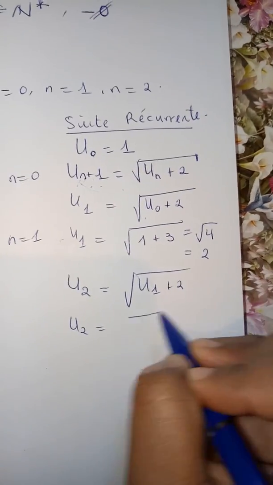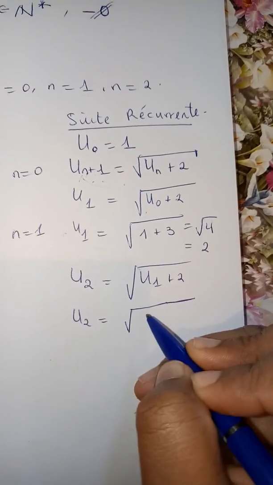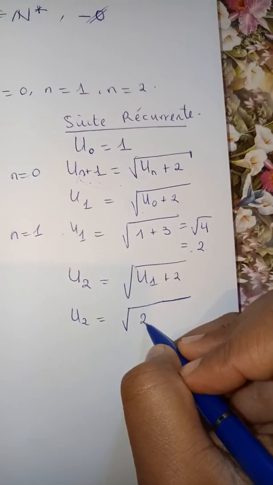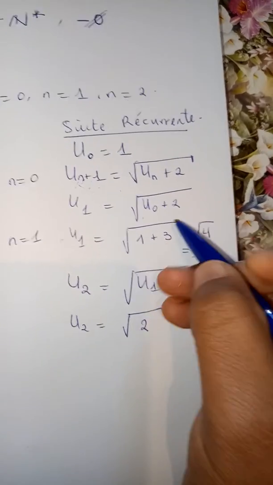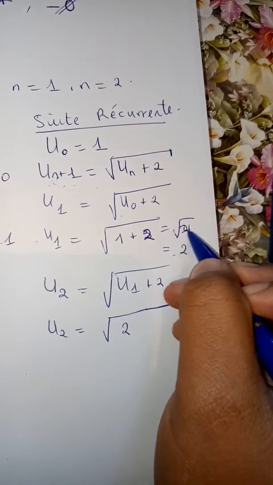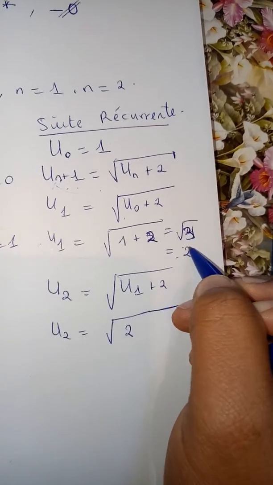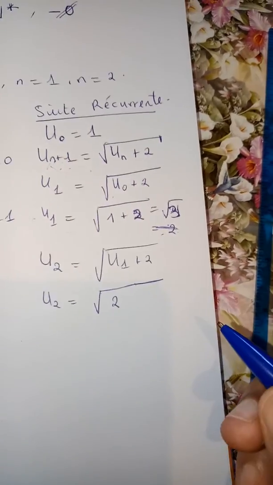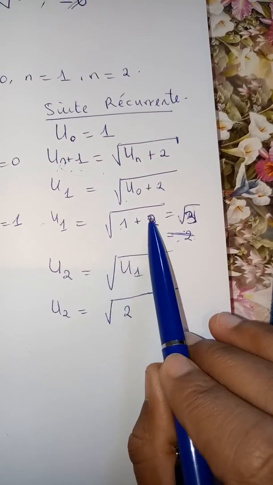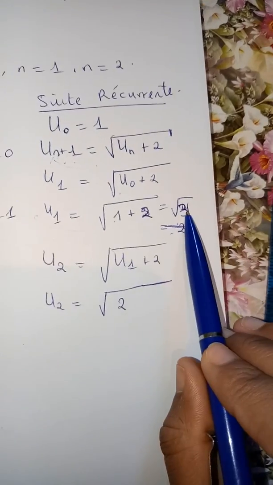Okay, I made a mistake, I'm sorry: u1 is racine de 3, as we calculated.